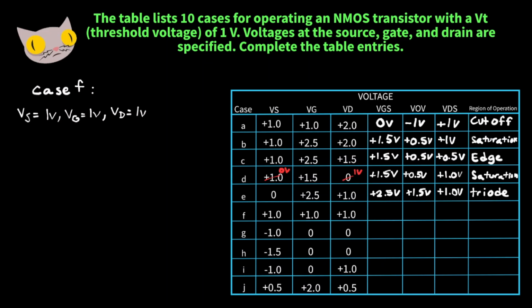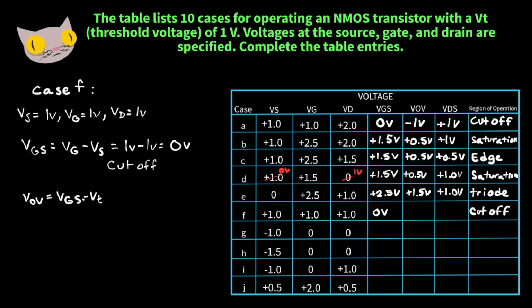Halfway done. So for case F, our source voltage, gate voltage, and drain voltage are all positive 1 volt. Our gate to source voltage is going to be 1 volt minus 1 volt, giving us 0. That's less than our threshold voltage, so we are operating in the cutoff region.